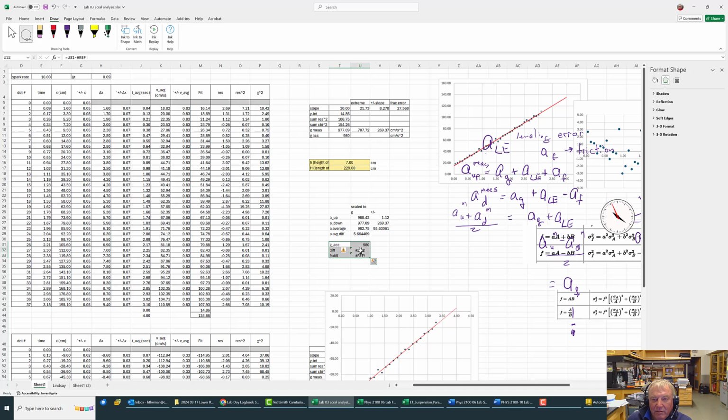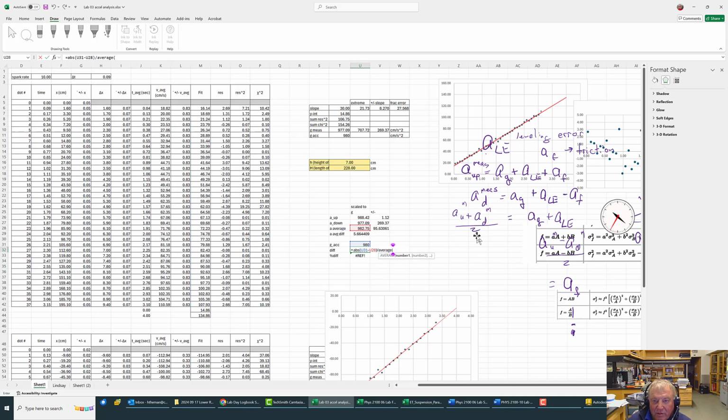Of course. All right. So the difference between accepted and measured is equal to the absolute value of accepted minus measured, which is the average, divided by the average of the two numbers.